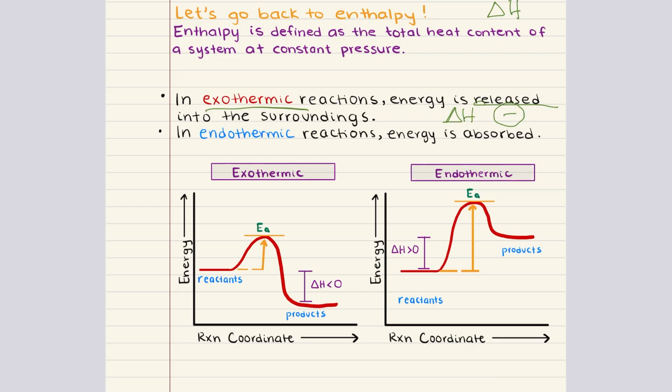In contrast, an endothermic reaction absorbs energy from the surroundings. In this case, the products have higher enthalpy than the reactants, so delta H is positive, and the surroundings typically cool down as energy is being taken in to drive the reaction forward.